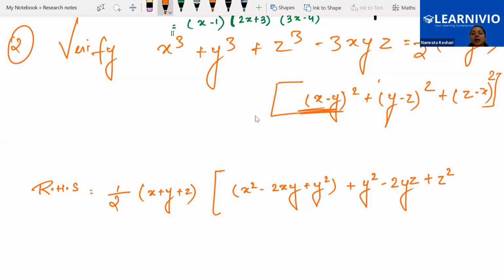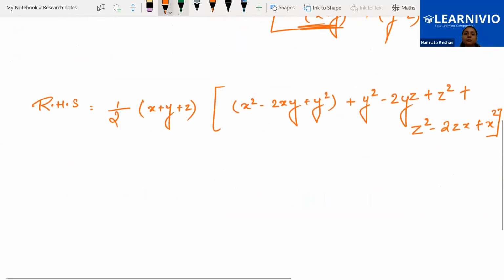Similarly, let's expand the other term also. So we will have z square minus 2zx plus x square. Now tell me what we are going to get from here after simplifying it. Opening the bracket is not needed because all are in addition. When all are in addition, we don't have to be careful. But when a subtraction sign is there in between, then definitely we will be careful.